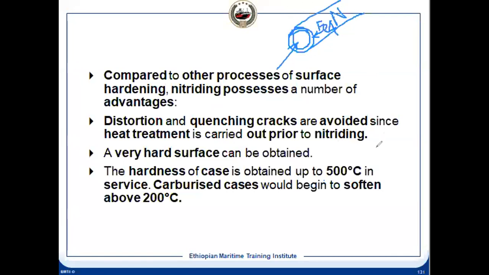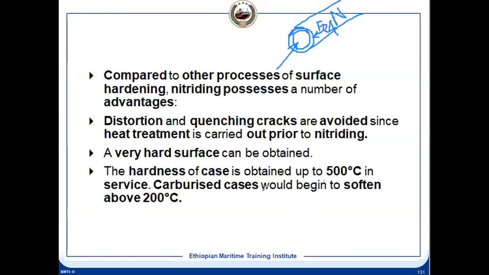But in this process, up to 500 degrees centigrade, we can still maintain the hardness. That is the advantage. Another is carburized case hardening. Here we used ammonia at elevated temperature, but suppose we put carbon monoxide or coke. We put the metal inside the coke at elevated temperature. Then carbon will diffuse into the surface, and carbon is hard, we know. It will become a carbide on the surface.